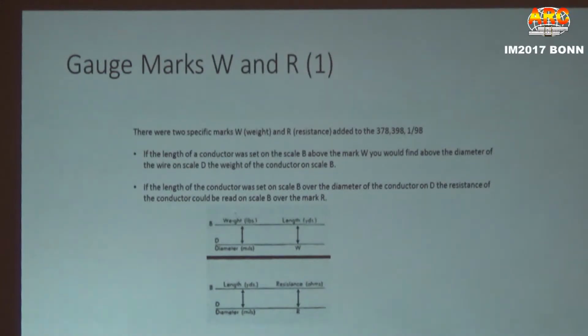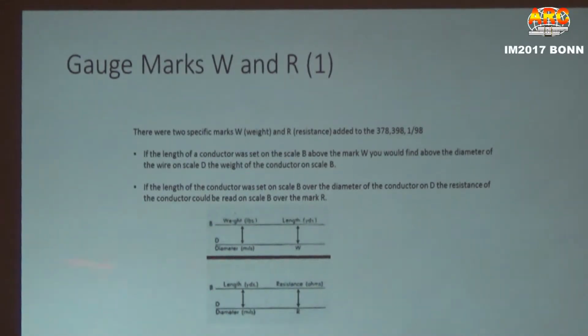Now the other gauge marks, the ones I mentioned before, W and R. There are 2 specific ones on the 378, 398, 198 and the various other incarnations of the 98 series. As you can see, you can read there, the length of the conductor was set on B above the mark W, so yards over W. And you'd find the diameter here, and then you'd get the weight of the conductor.